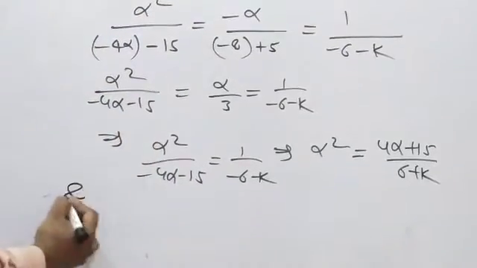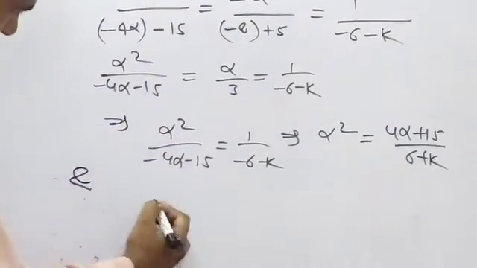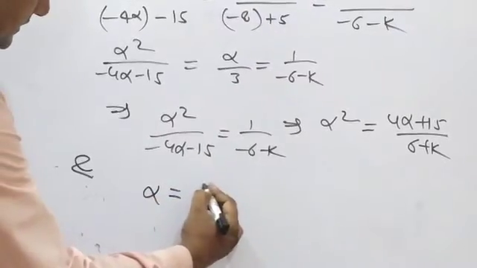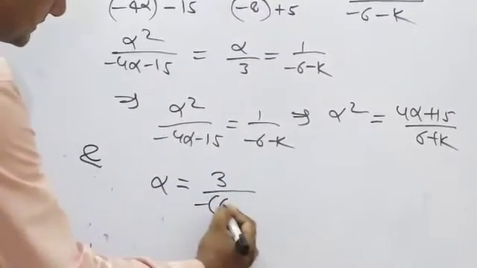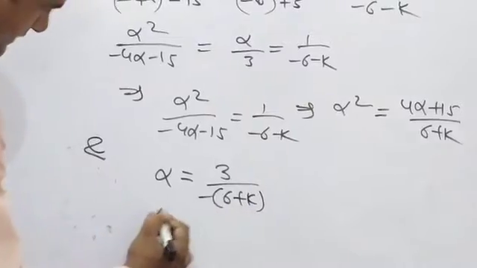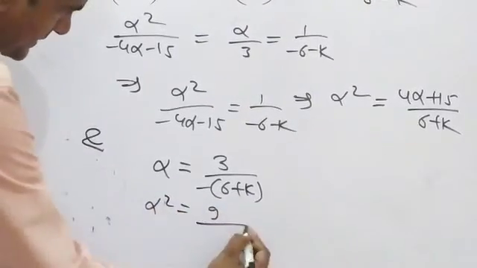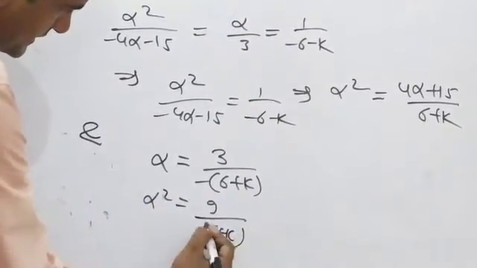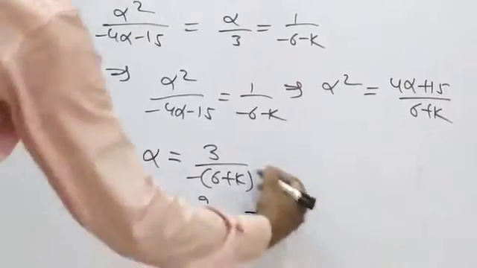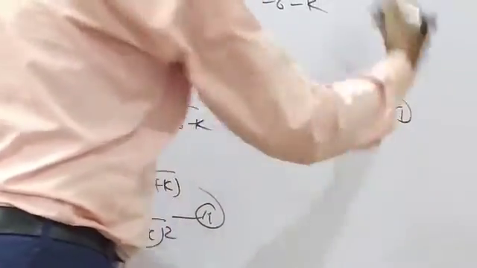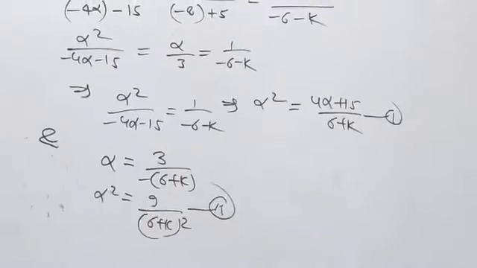Clear? And if this is equal to this, alpha is equal to 3 upon minus 6 plus k. Then alpha square is equal to 9 upon 6 plus k whole square. Now this is equation second, and this is equation number first. Clear?